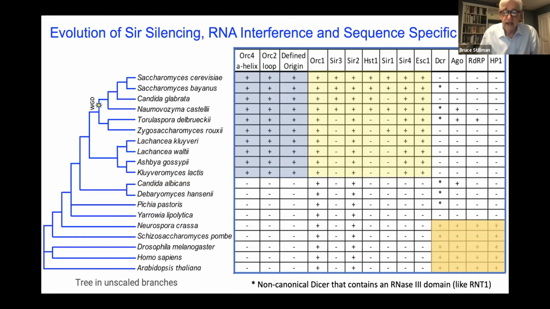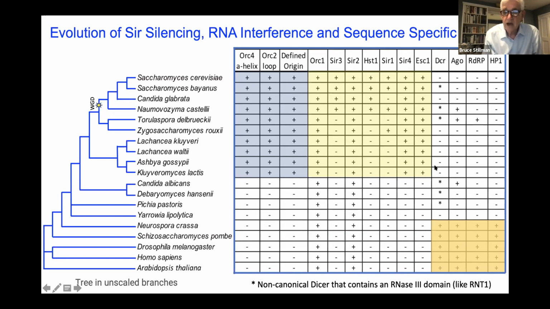Then when we looked at the evolution of the ORC4 alpha helix, shown in this lane here, the ORC2 loop, which is also a base-specific interaction, and the sequence-specific origins, those species that have sequence-specific origins shown here, we found that this co-evolved with the SIR4. ORC interacts with SIR1 and SIR3 and SIR4 to silence gene expression in budding yeasts.